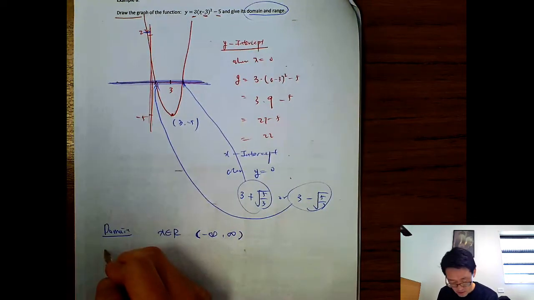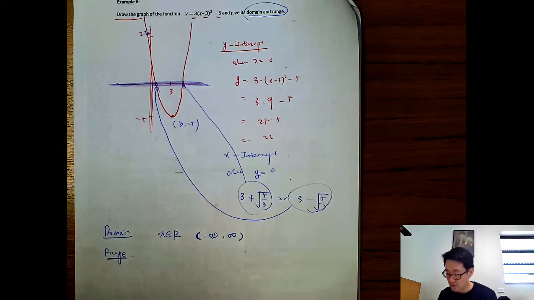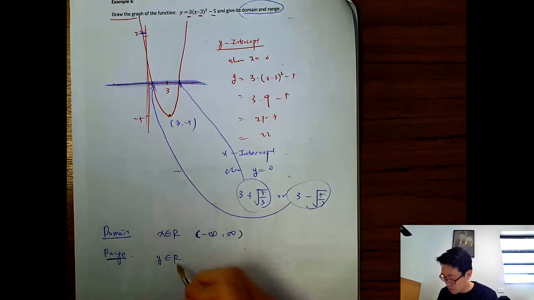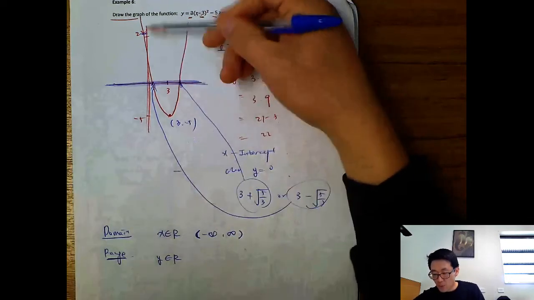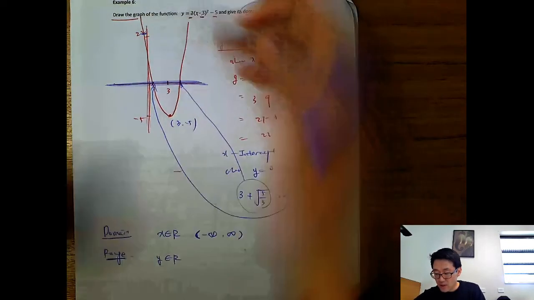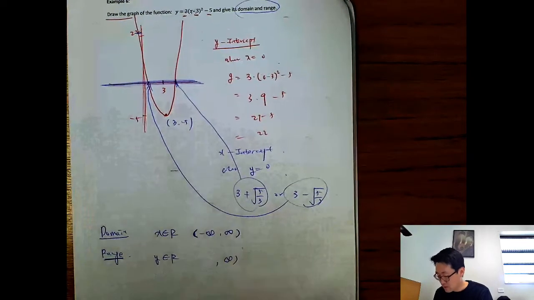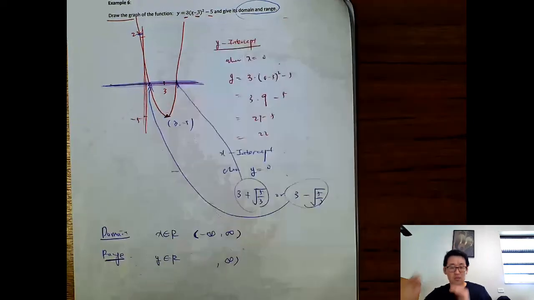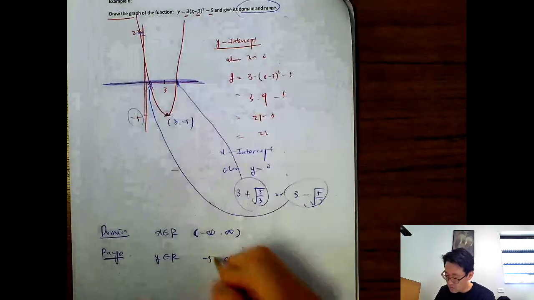Exclude 1, and then range is about y value belong to real, and then you go positive way, it goes forever, isn't it? It goes forever, so same thing. However, what's the minimum value? In this case, we got the minimum value, which is minus 5, isn't it? Minus 5.